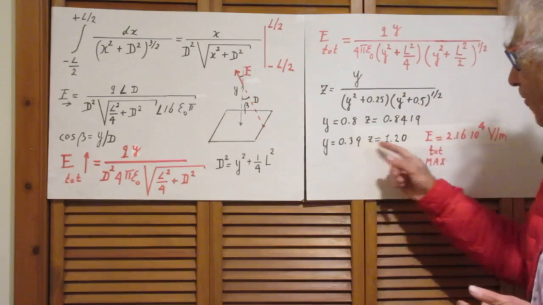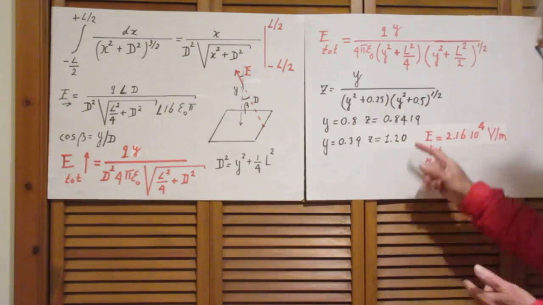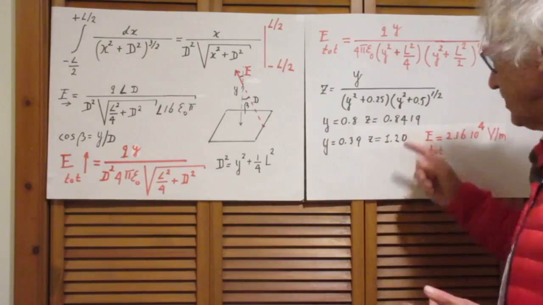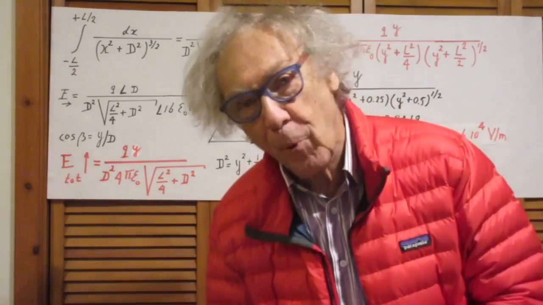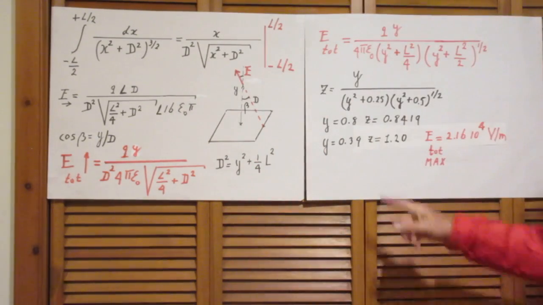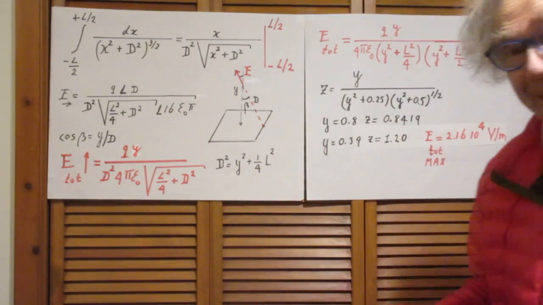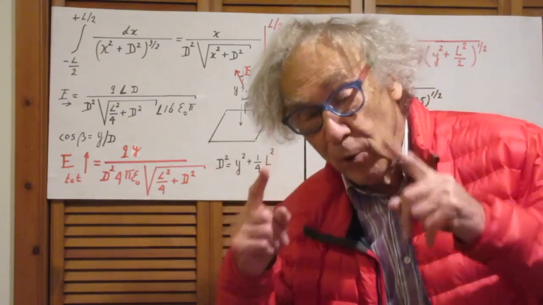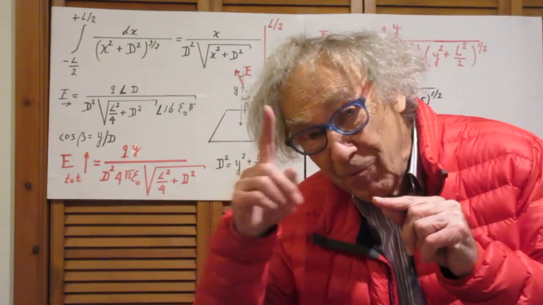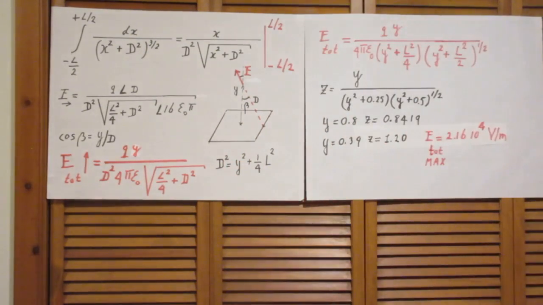And you may want to manipulate this to get another digit here, but that's not very important for me. So this is not an exact analytical solution. It's Walter Lewin eyeballing where the maximum is. And so therefore the E field is now higher than at 0.8.